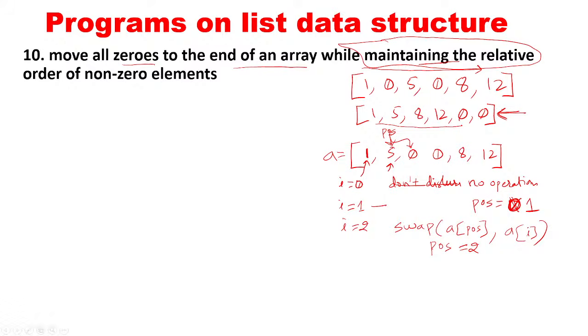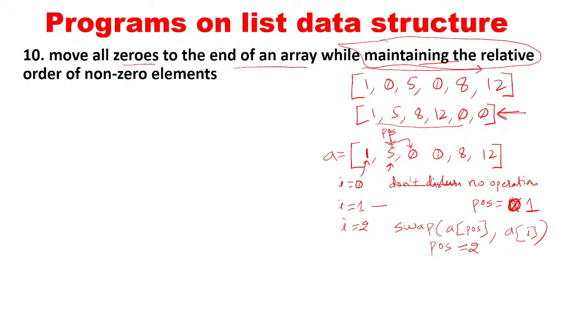When you swap, obviously in the next position it is 0 only. Don't worry. When you are swapping these side by side numbers, 0 automatically comes, because you are moving 0 towards the right only. That's it. So position value now becomes 2, the next non-zero element position to be swapped.